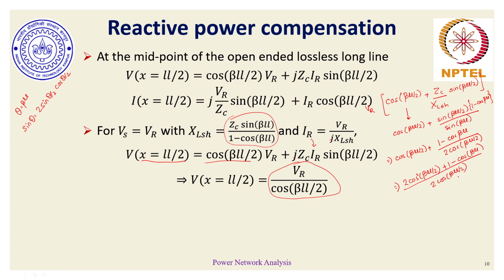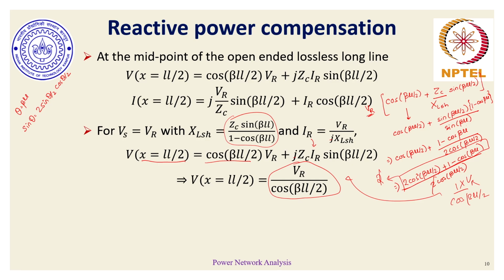If I use my trigonometric expressions and recheck, this term essentially becomes equal to 2. The 2 and 2 get cancelled, so I have 1 by cos of beta LL by 2 as the only term. Remember, VR was present, so multiplying by VR, I get Vx as VR by cos of beta LL by 2.